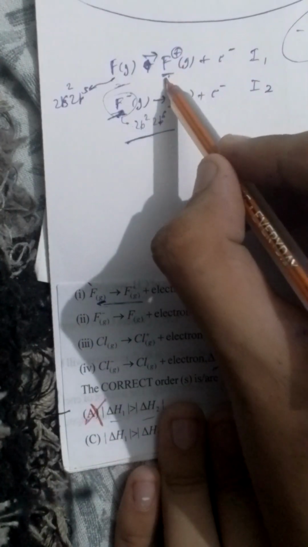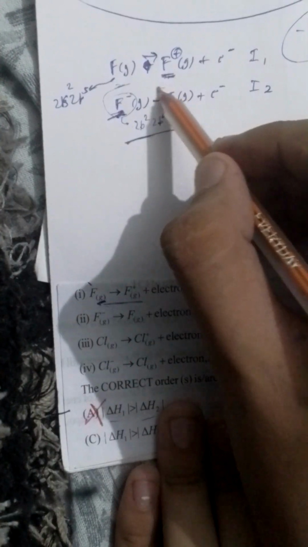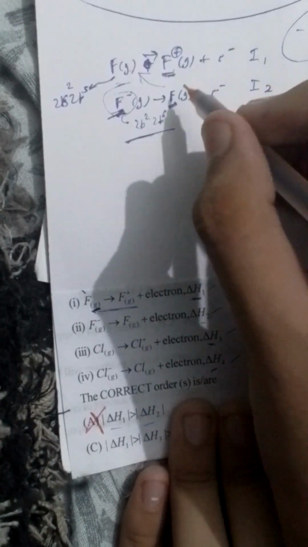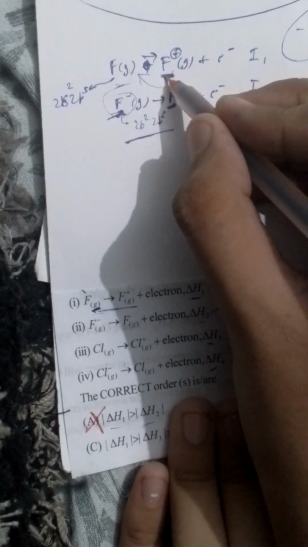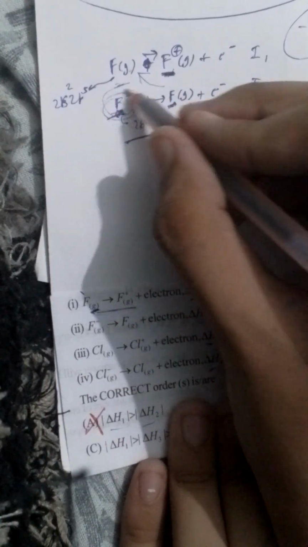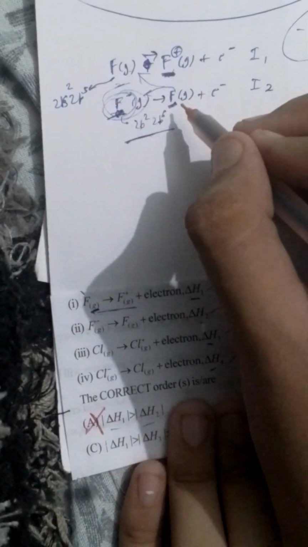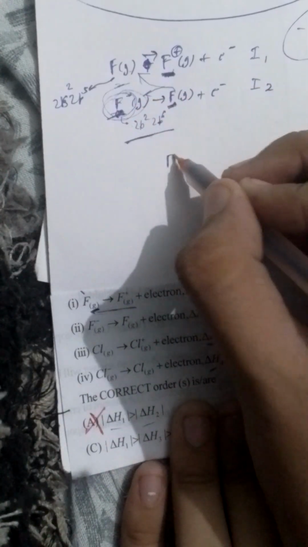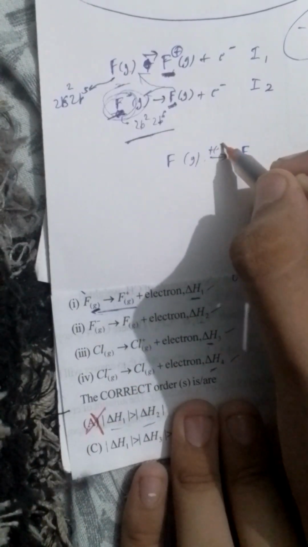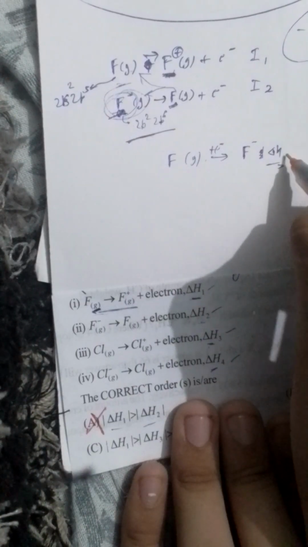So F plus, and here F is forming the same compound from which we formed F plus. So we are forming a very unstable product. I am saying this thing is more stable than this. That's why when we form F minus, delta H comes out to be negative.